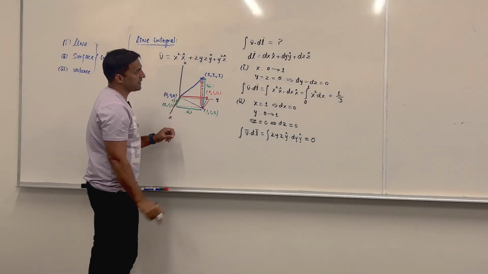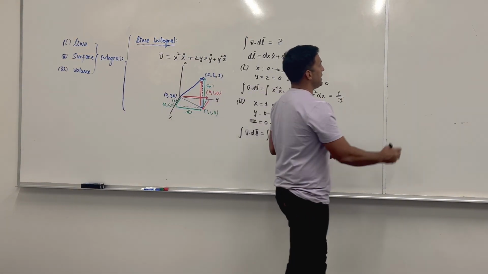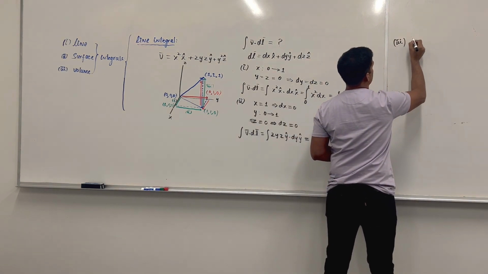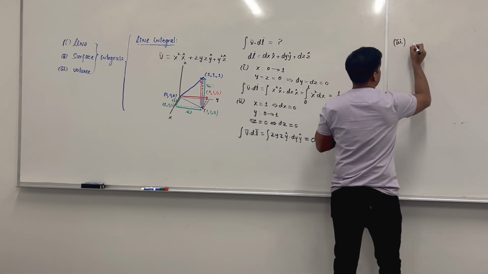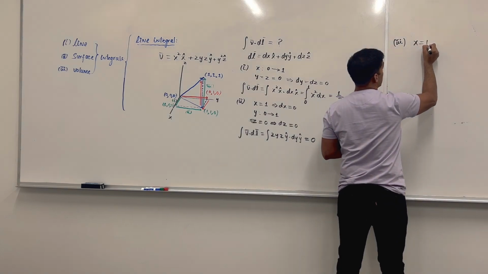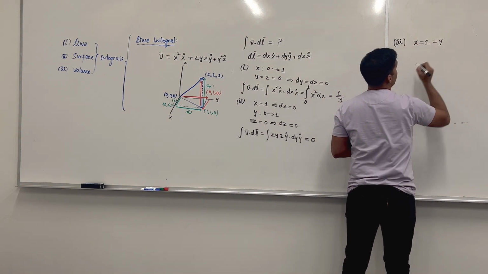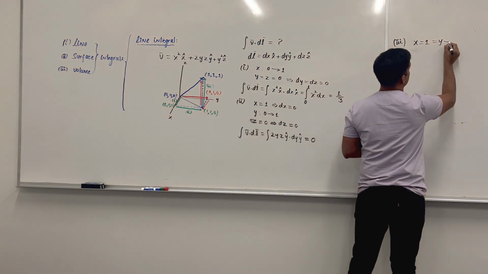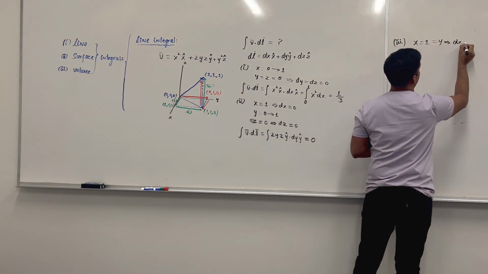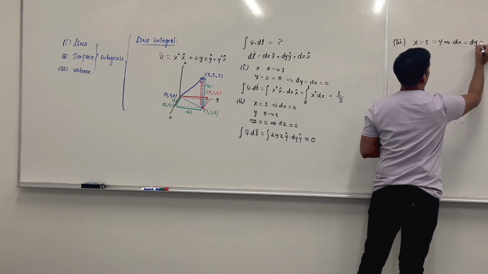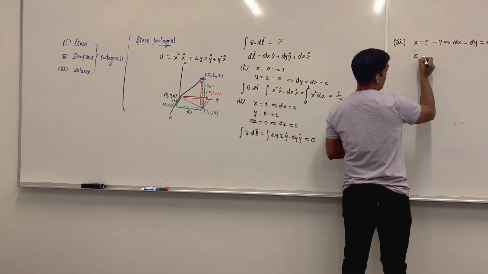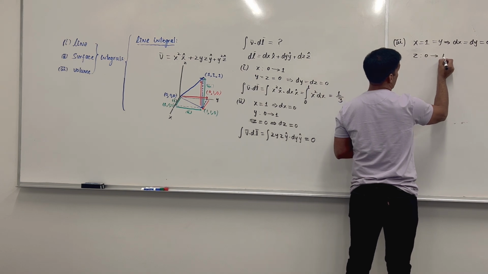Now we have this third green line, the third path, x is 1 and y is 1, so dx equals dy equals 0, but z in this case goes from 0 to 1.